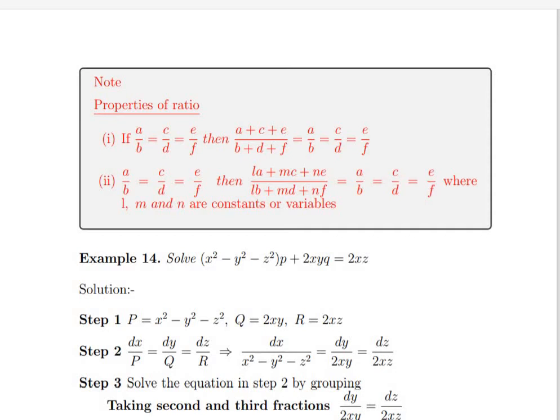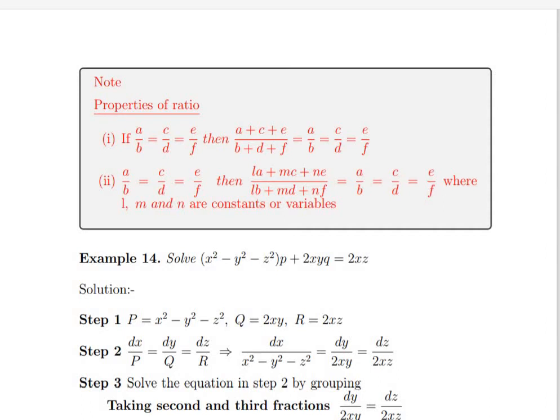And also another property: if a by b equal to c by d equal to e by f, then La plus Mc plus Ne by Lb plus Md plus Nf equal to a by b equal to c by d equal to e by f, where L, M and N are constants or variables. So we have to use these properties of ratio in some of the problems for finding the solution.